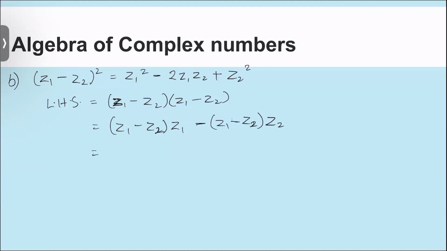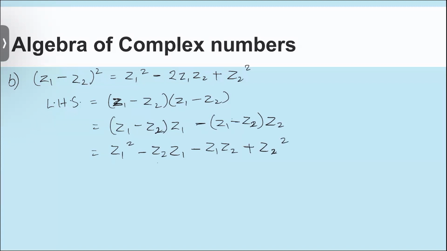Now we open up the brackets and we multiply it. Then you have z1 squared, then you have z2 z1, and similarly you have z1 z2, and over here, since you have both the negative signs, when you open it up, you get plus z2 squared.